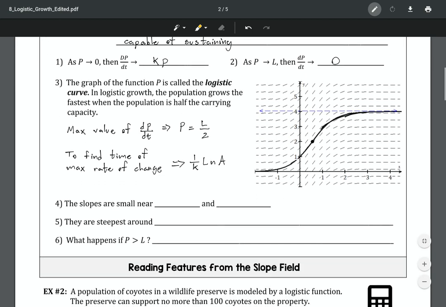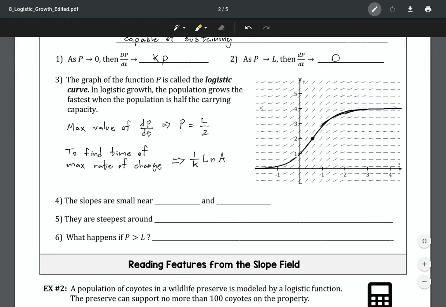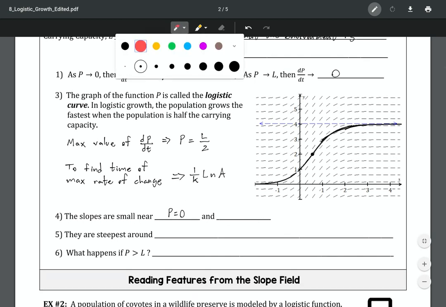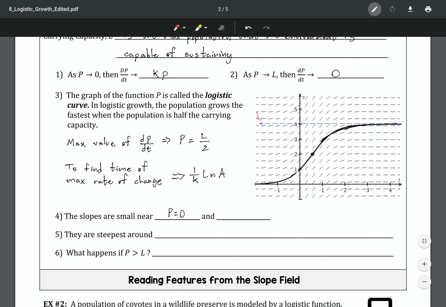Okay, and again, we're going to do some problems that kind of illustrate what's going on. So it says the slope is the smallest when you're near, and I guess I'll start writing some stuff on here. So this line right here, that's the carrying capacity. So we want to put it all together here.